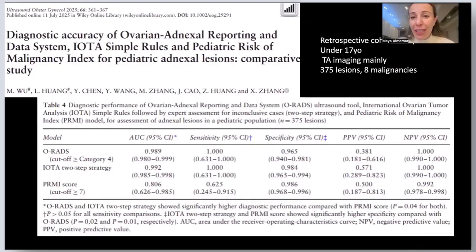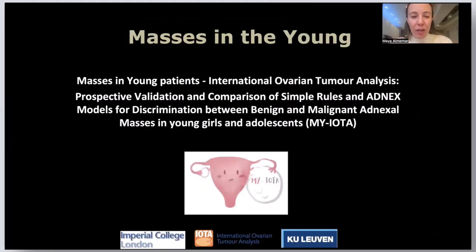This group from China did a very similar retrospective cohort study, mainly based on transabdominal imaging in under 17-year-olds, and actually found that the O-RADS and IOTA two-step strategy worked very, very well, and much higher than the pediatric risk of malignancy index score, which performed less well at characterizing adnexal lesions. So clearly there is hope for the IOTA models.